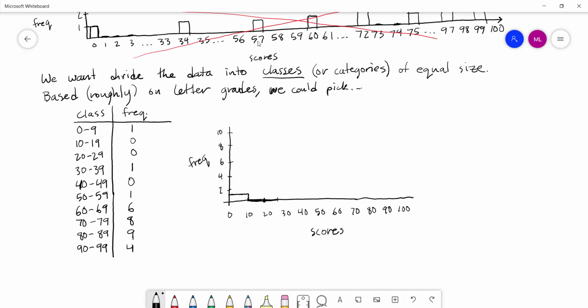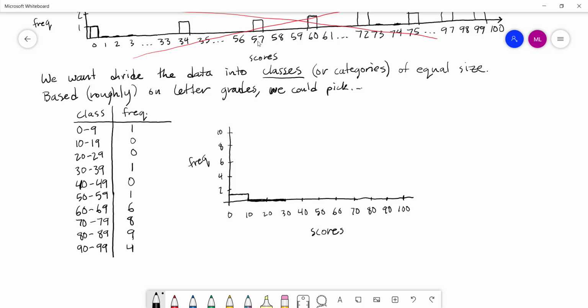So I could try to draw these a little more clearly. You can put some little hash marks where we're counting by our 10s down here. And now this will hopefully be more clear. So we had some 0 heights there.